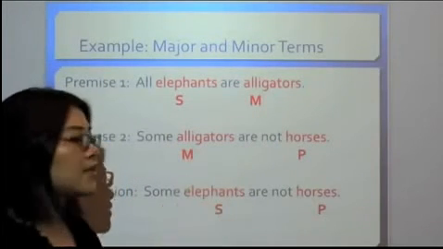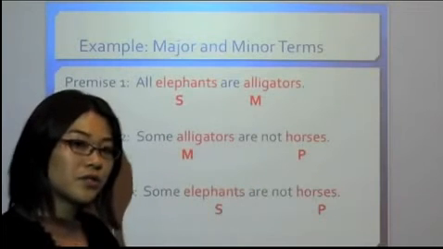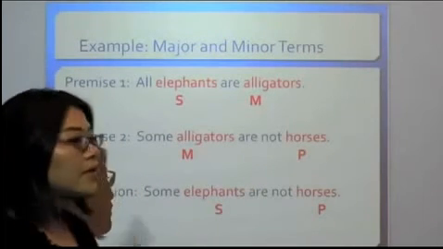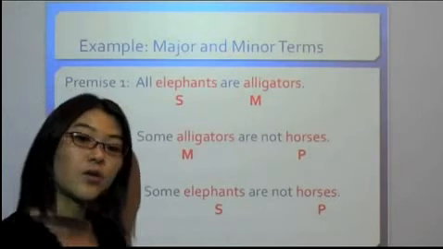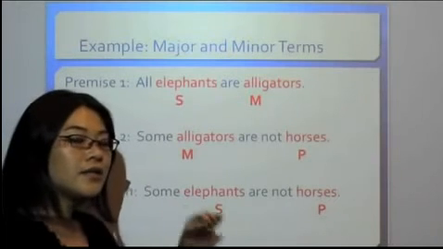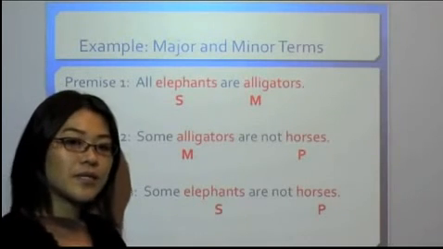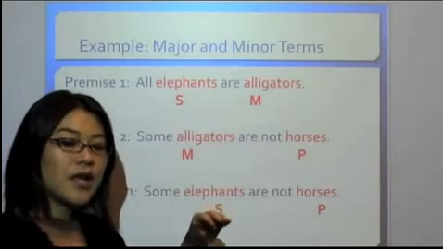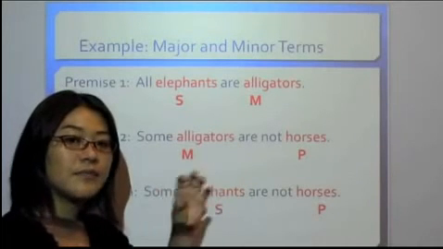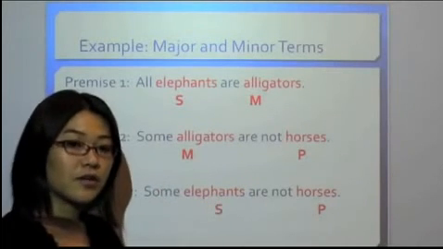Now, after we've identified all the terms and made sure that there are only three terms, we want to make sure that the premises are in the correct order. Again, the major premise is the premise that takes the first position, and it's the premise that contains the major term, which is the predicate of the conclusion.